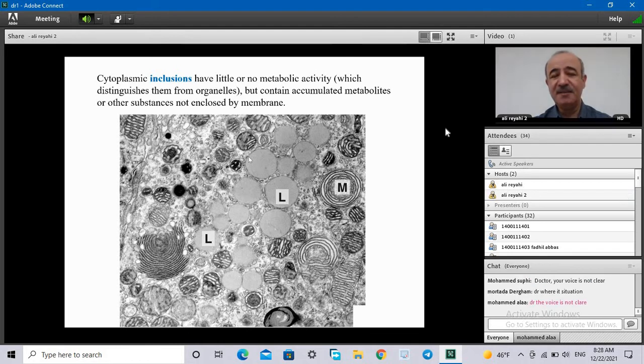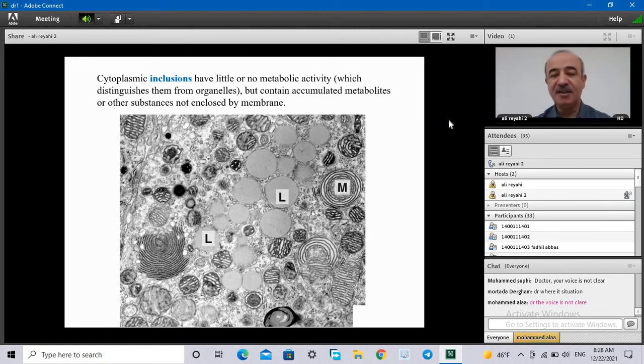For example, there's secretory granule. The secretory granule can accumulate in the apex of the secretory cell, or the accumulation of the glycogen within the cytoplasm, or the other material like the lipids. For example, you can see the lipid droplet within the cytoplasm.